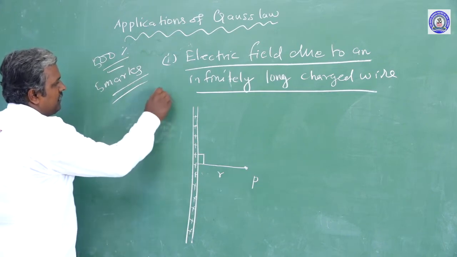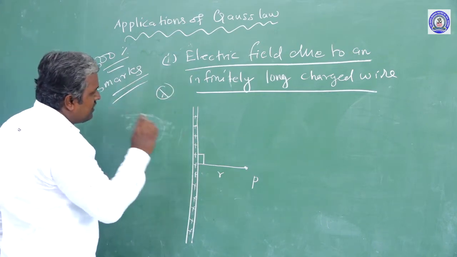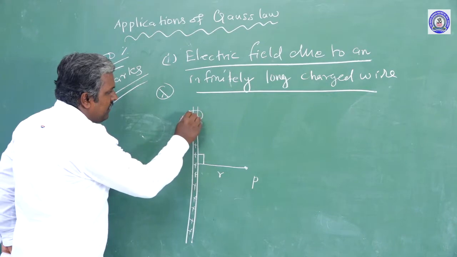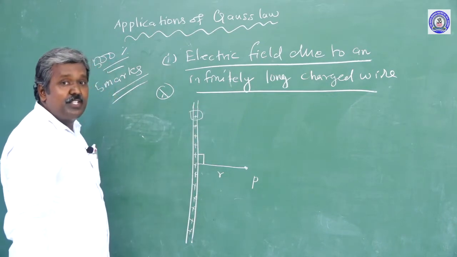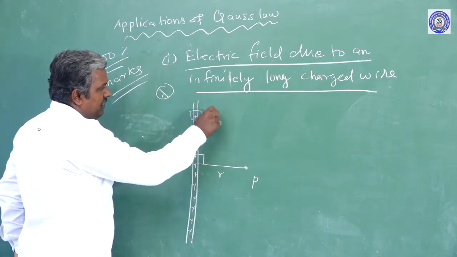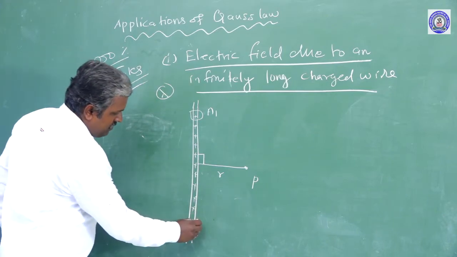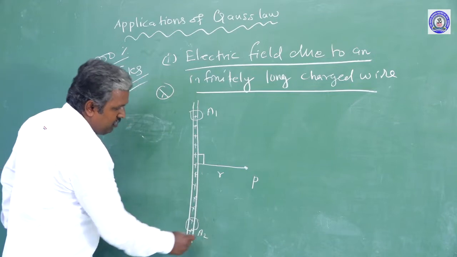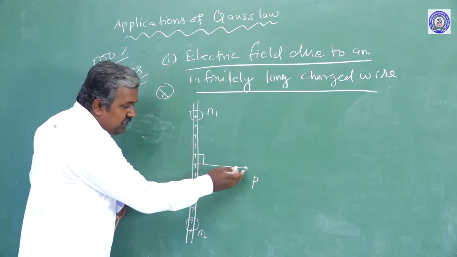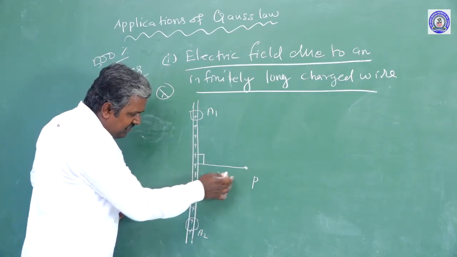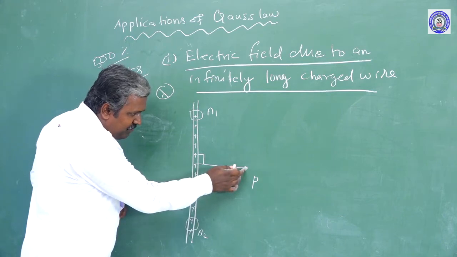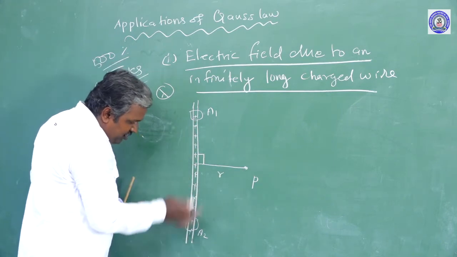Next. Here consider small charged elements A1 and A2 at equal distance from this point P on this charged wire.